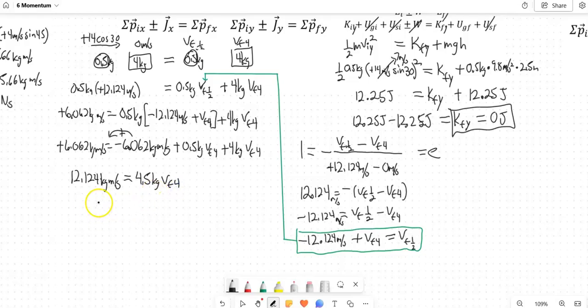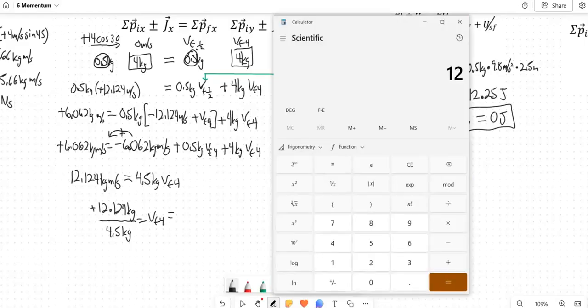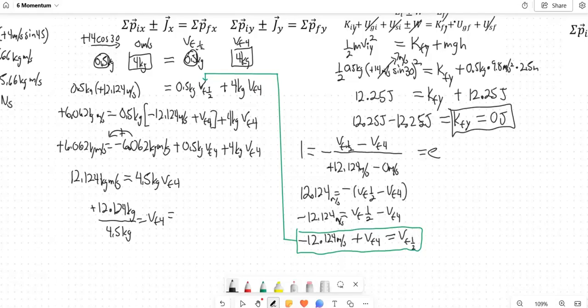So now we just have to divide both sides by 4.5 kilograms, which is going to be V final 4. 12.124 divided by 4.5 is 2.69. So that 4 kilogram object is going to be moving to the right at 2.69 meters per second.